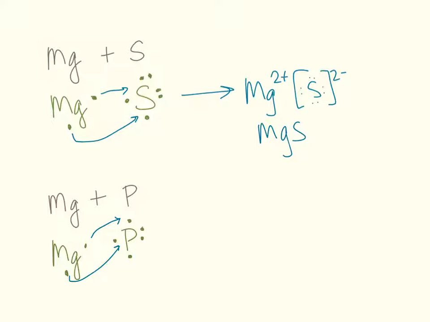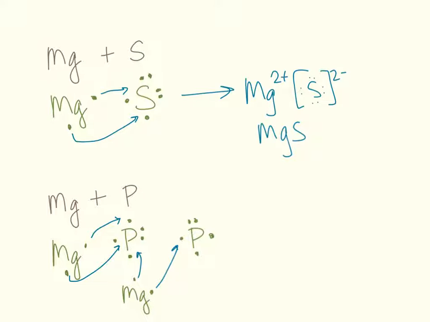Well, phosphorus still has an open spot right here, so we need another magnesium. And so then this electron can go here, but now I have 1 electron left on magnesium right there. So I'm going to add another phosphorus. And so this electron will go up there. And now I have 2 more electron spots here and here for phosphorus.